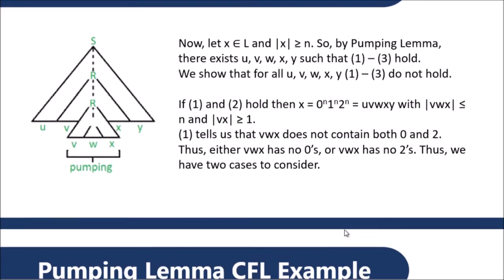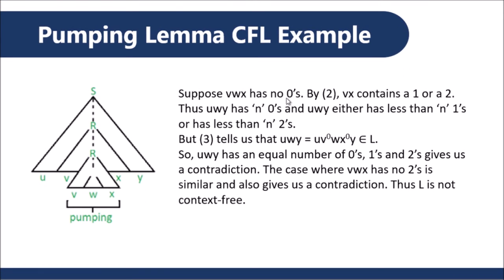Suppose vwx has no zeros, and vx contains a 1 or a 2. Then uwy has n zeros and either has less than n ones or has less than n twos. But condition 3 tells us that uwy = u v^0 w x^0 y is in the language.